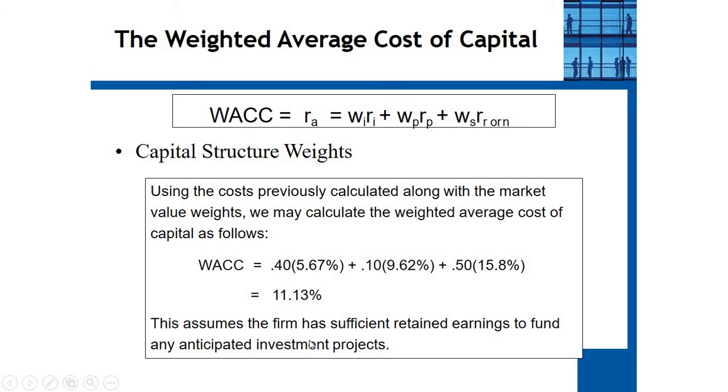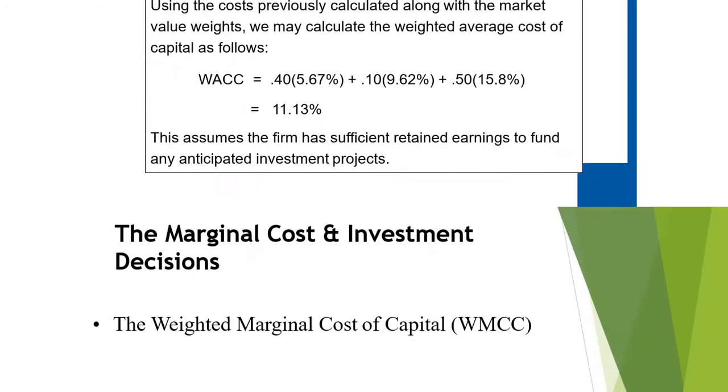So we are assuming here that the firm has enough retained earnings to finance its investment projects. So if you use retained earnings as a source of equity, your weighted average cost of capital will be 11.13%. So we are not using here any sort of new equity or new common stocks.